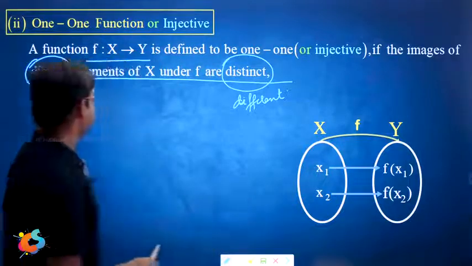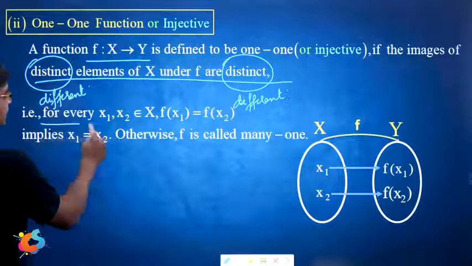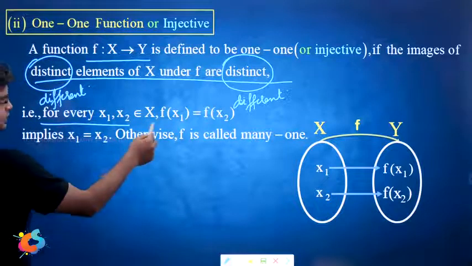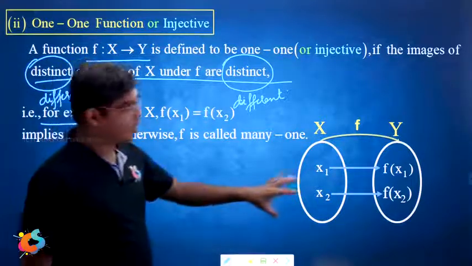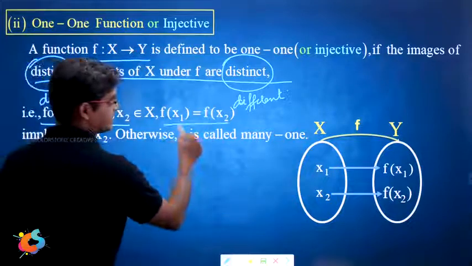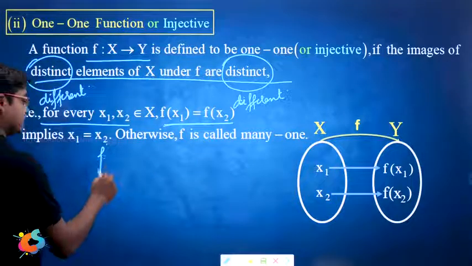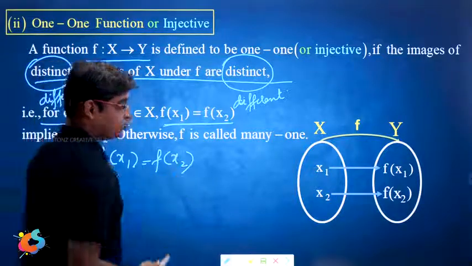Simple, right? Mathematically, how do you write the same information? For every X1, X2 belonging to X, for now, let us take it like X1 and X2 are some elements in X. Consider f of X1 is equal to f of X2. Means what are you doing here?